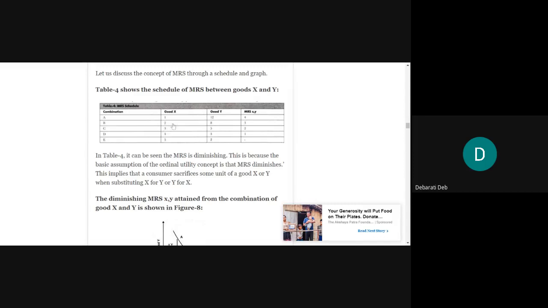That means we are replacing good Y with good X. So we are increasing the number of units of purchase of good X and we are going on decreasing the number of units of good Y's purchase. I hope this is understandable.